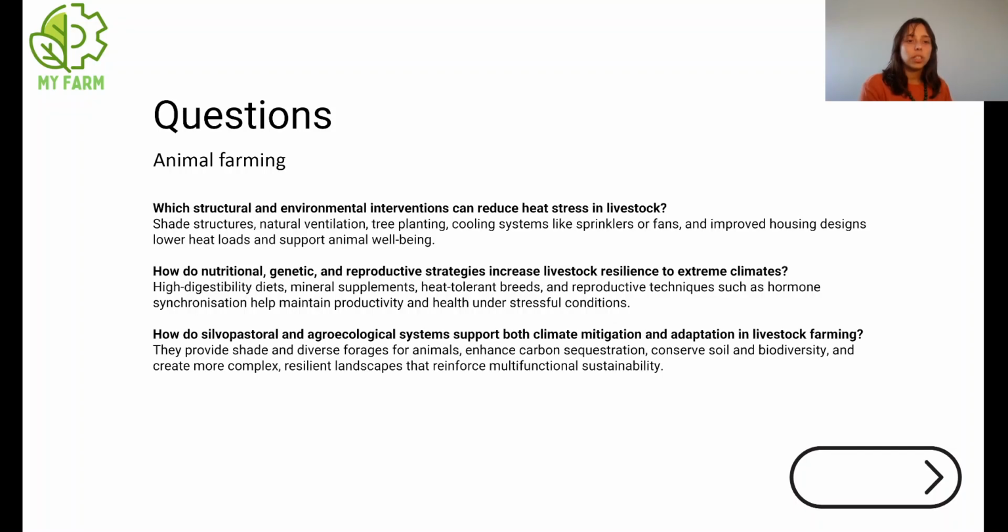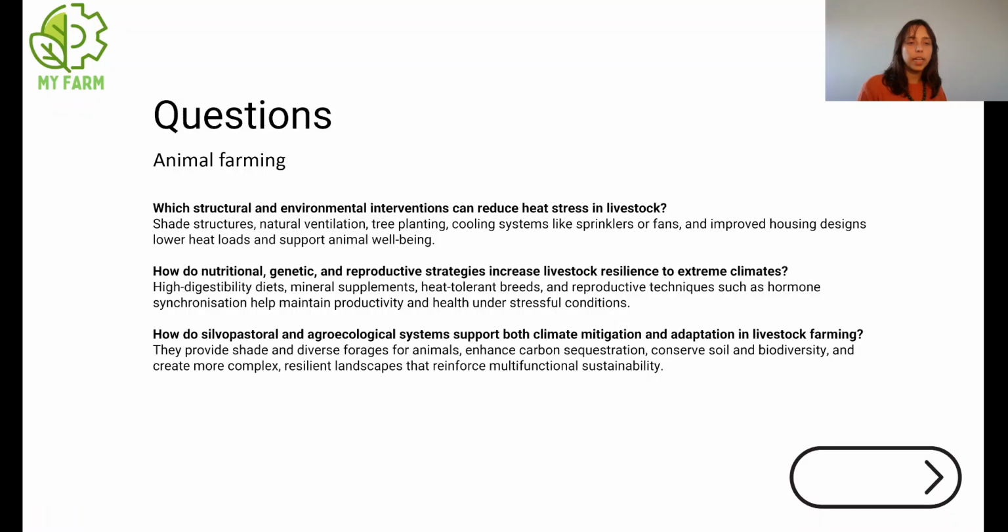Which structural and environmental interventions can reduce heat stress in livestock? Shade structures, natural ventilation, tree planting, cooling systems like sprinklers or fans, and improved housing design lower heat loads and support animal well-being.